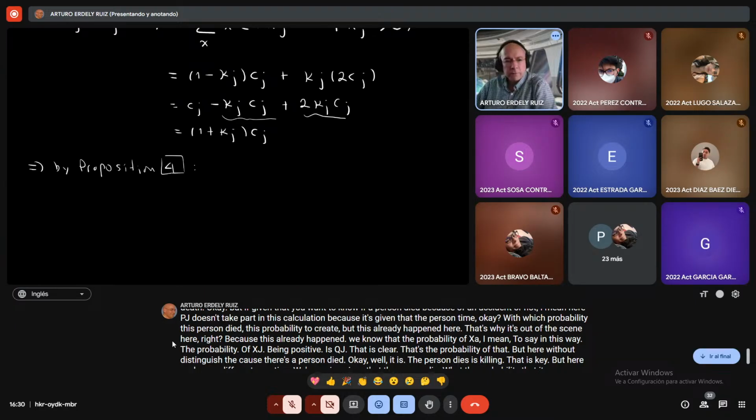So by proposition 4, we get that the non-conditional expected value of xj is just qj times the expected value of xj given xj positive, right?